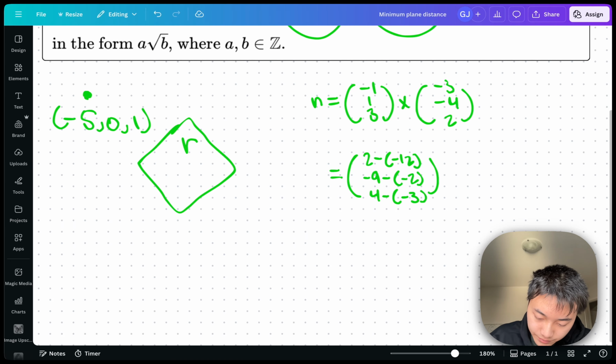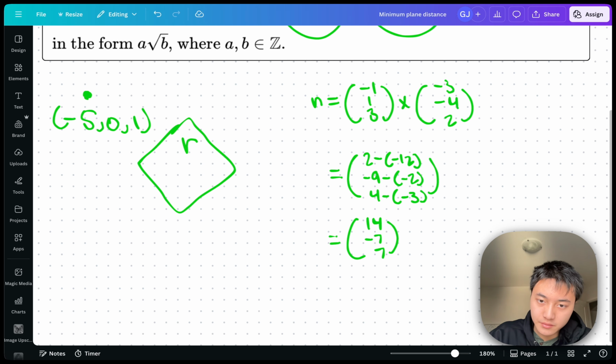Okay. So it's going to be 2 plus 12, which is 14, negative 9 plus 2, which is negative 7, and 4 plus 3, which is 7.